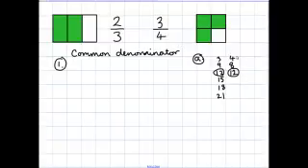So that's one way of doing it, is to use your knowledge of the times tables, and that will help you identify a common denominator. And importantly, if you're ever asked to find the lowest common denominator, that's probably the best way to do it.